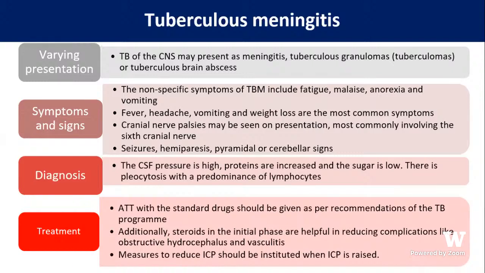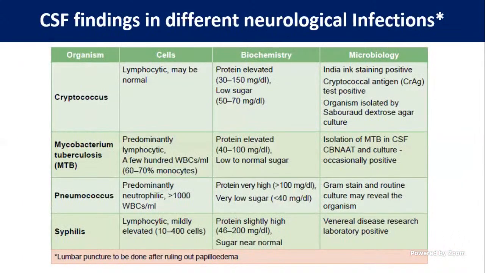ATT has to be given along with steroids. The most important thing is to do a CSF, which can differentiate on the basis of cells, biochemistry, and microbiology between Cryptococcus, TBM, bacterial, and syphilitic meningitis. This is a table you need to refer to when you suspect patients having meningitis.